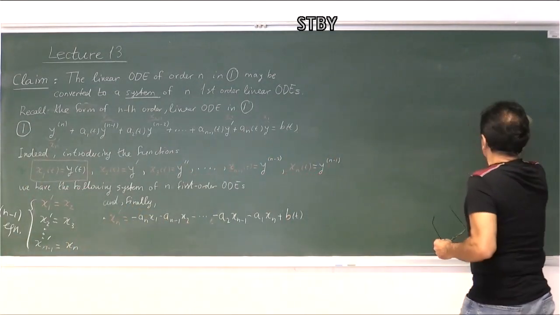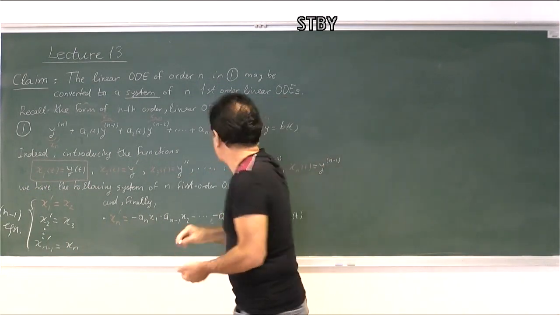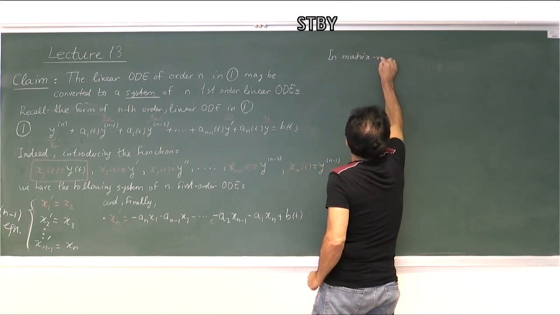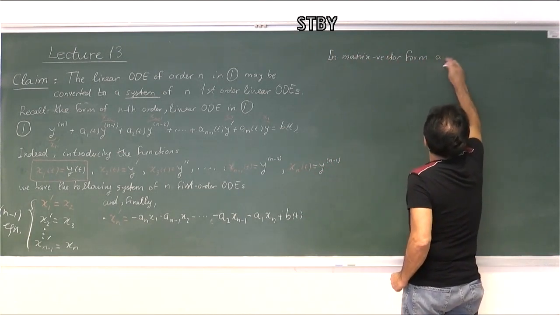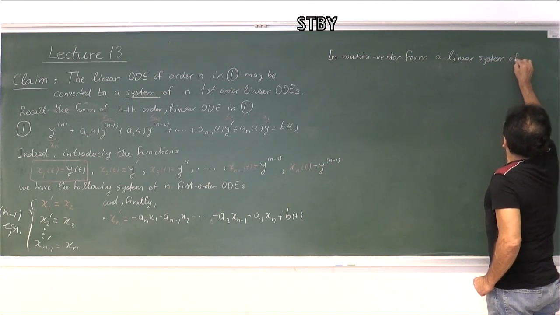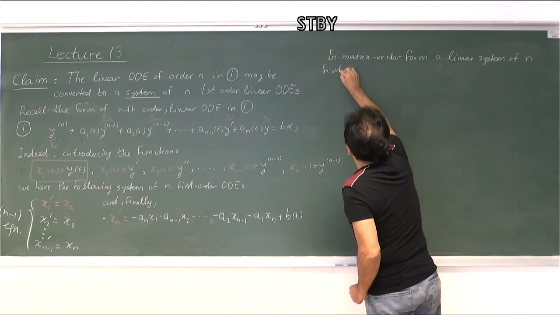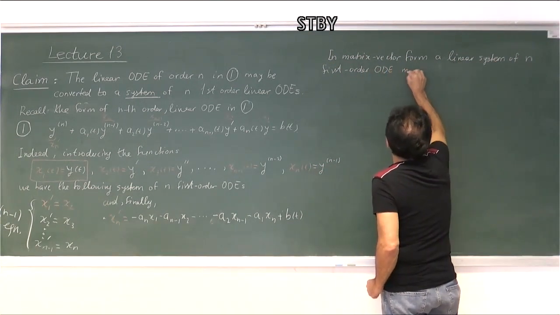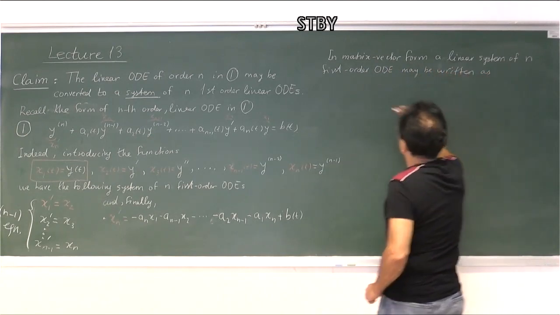As you remember, a linear system of n first order ODEs may be written in matrix vector form.